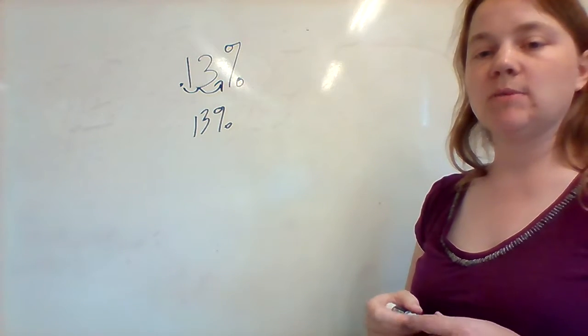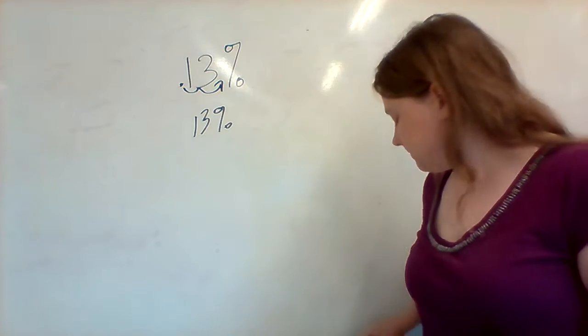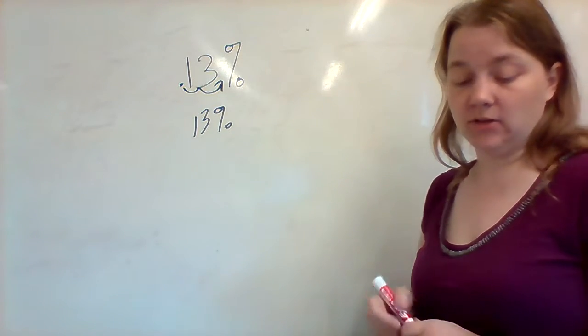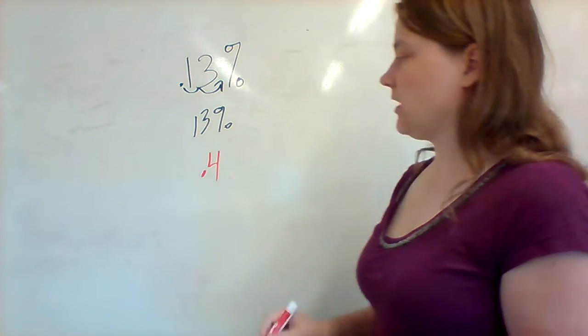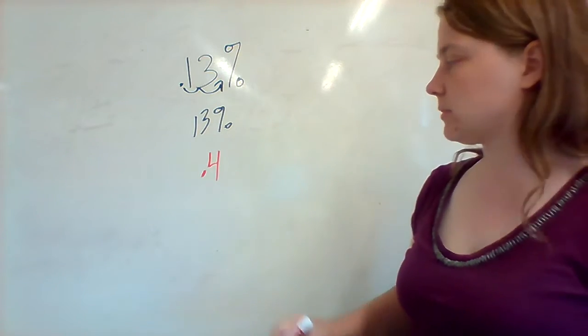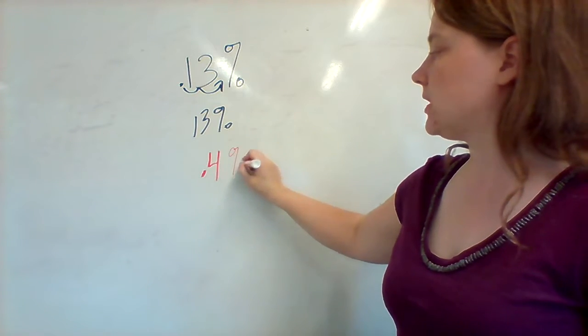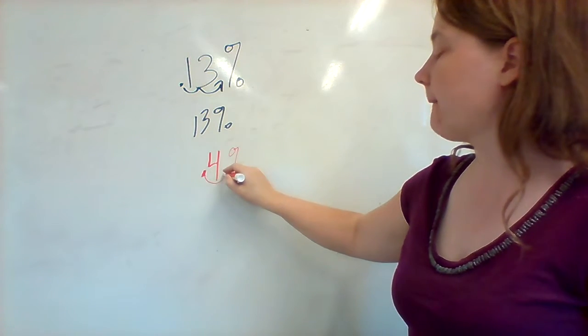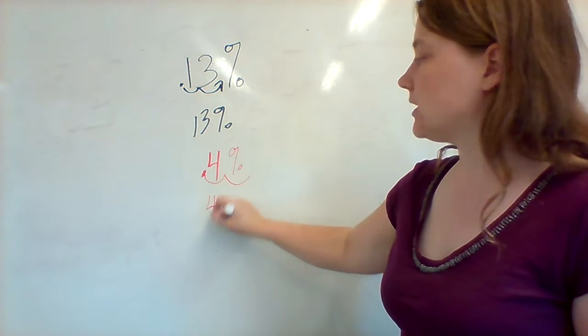Remember, the decimal only moves 2 spaces because it's a decimal, it's small, it's kind of weak. Let's take a look at 0.4 or 4/10. To convert 4/10 into a percentage, the percent sign is going to appear, and the decimal is going to move 2 spaces closer to the percent sign.